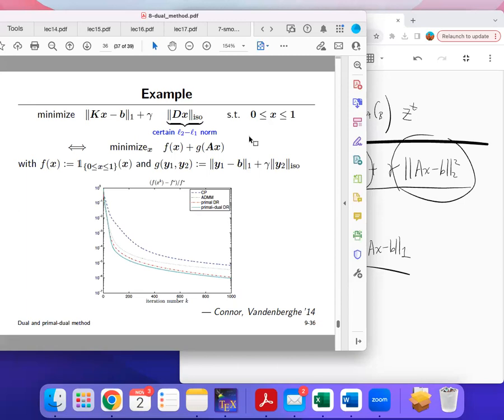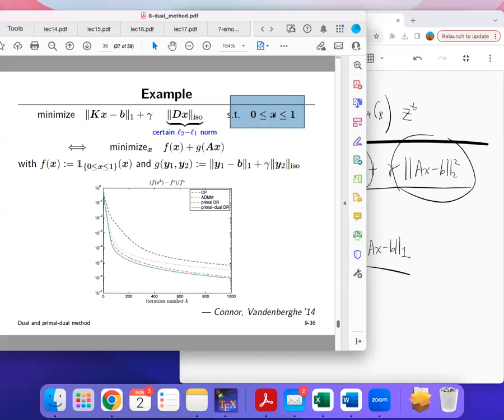So we can formulate it into this framework, f(x) plus g(Ax). Moreover, we have a constraint for images. Suppose we scale the values between 0 and 1, so there's a constraint.